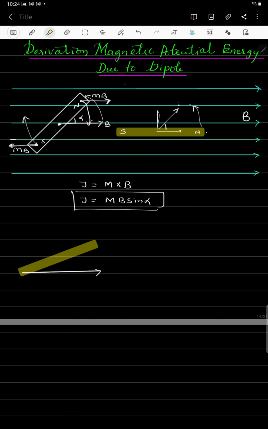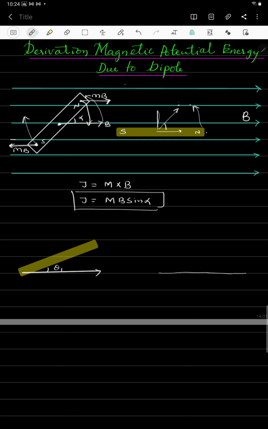Making an angle theta, I will consider this the first position, that is theta 1. From this position to the next position, that is from theta 1 up to theta 2.